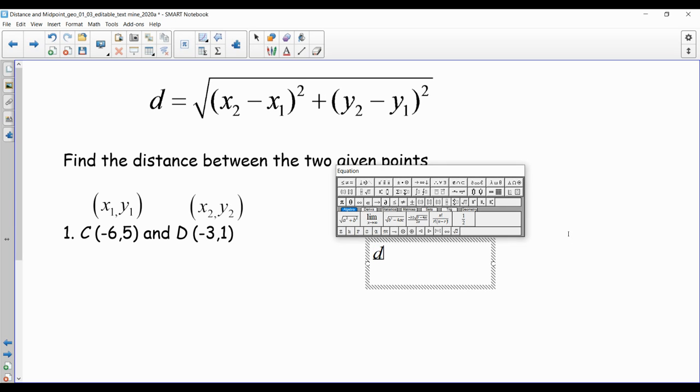So D equals square root, parentheses, x sub 2 minus x sub 1 squared plus.